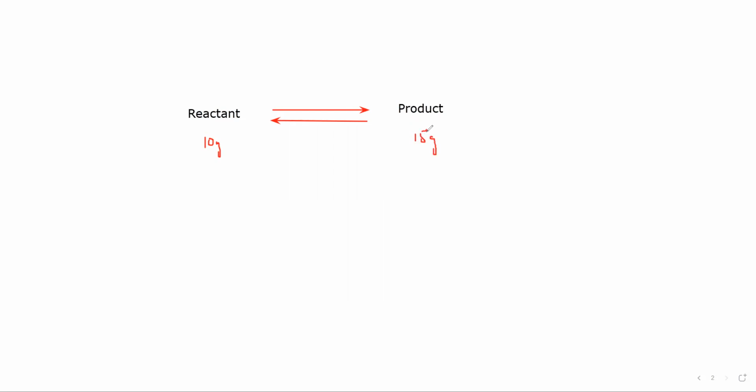It's not necessary always 10 and 15, I'm just taking these as random values. Example, 1 gram of a reactant is forming a product, but out of 15 gram, 2 gram of a product is decomposing and forming back the reactant. Is this in equilibrium? So it is not in equilibrium.